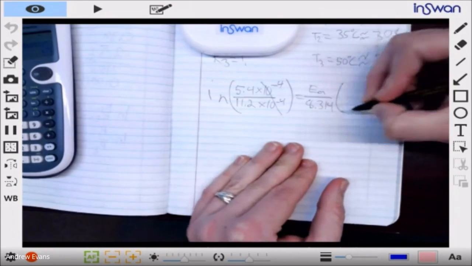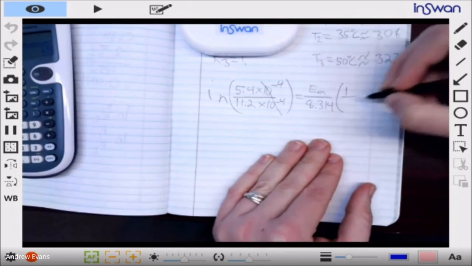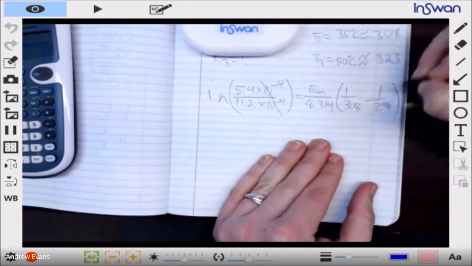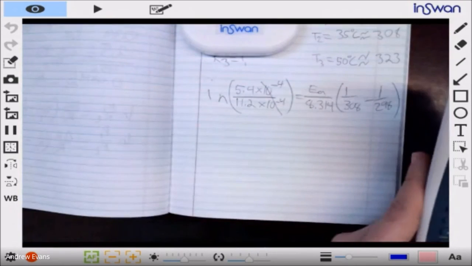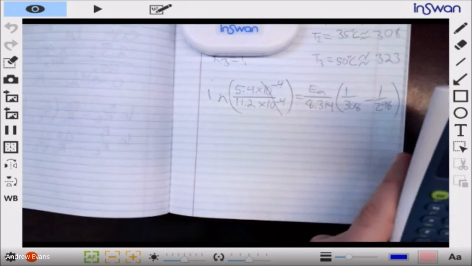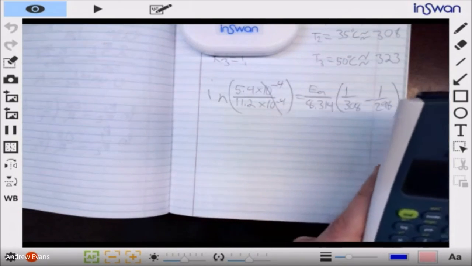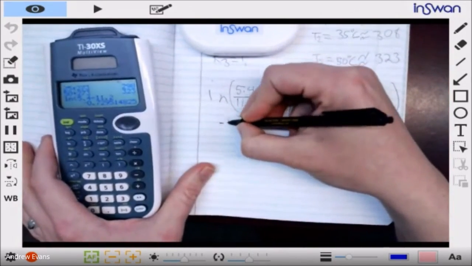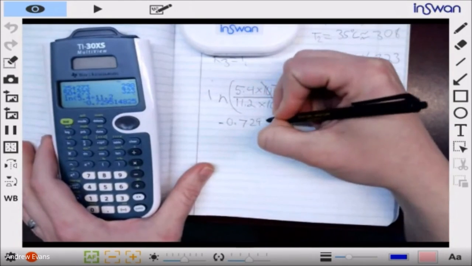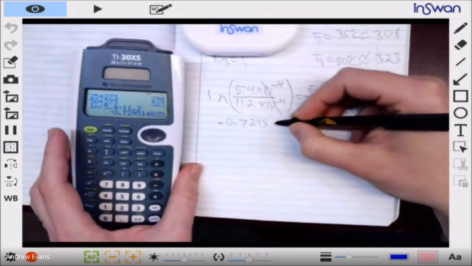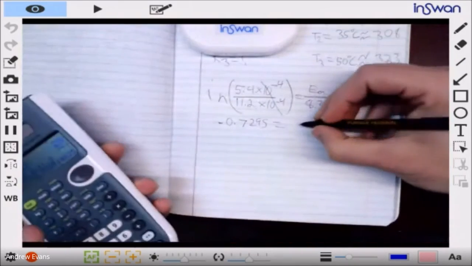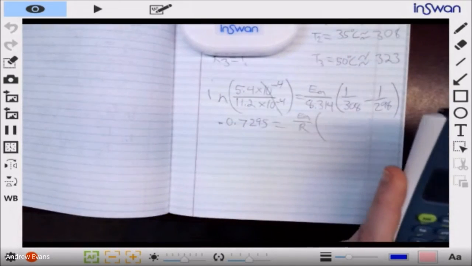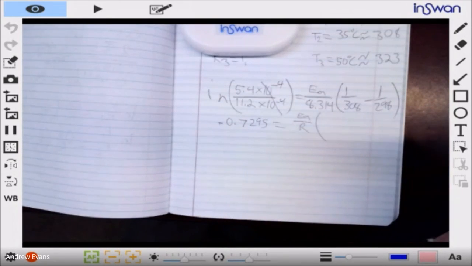Over 8.314, times 1 over 308 minus 1 over 298. Okay, first things first, the natural log of 5.4 over 11.2 is negative 0.7295, which equals EA over R times the 1 over T terms: 1 over 308 minus 1 over 298.